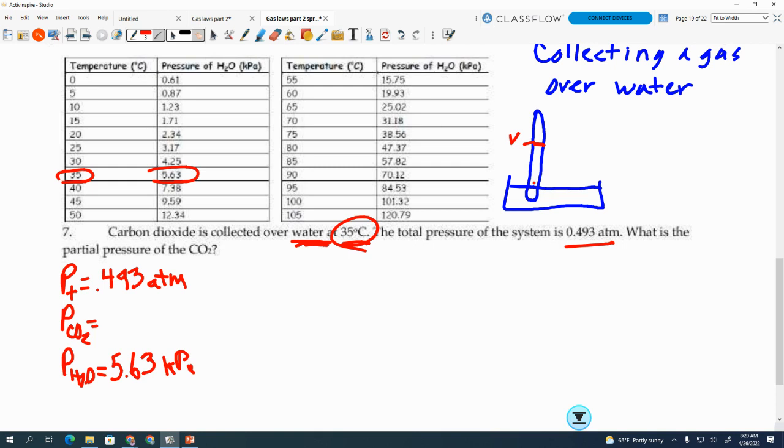Now, right now, I can sort of use Dalton's law at this point, but what's the first thing I need to do before I can use Dalton's law? I either need to convert this one to ATM or this one to kilopascal. It doesn't matter which. I would probably do this one.